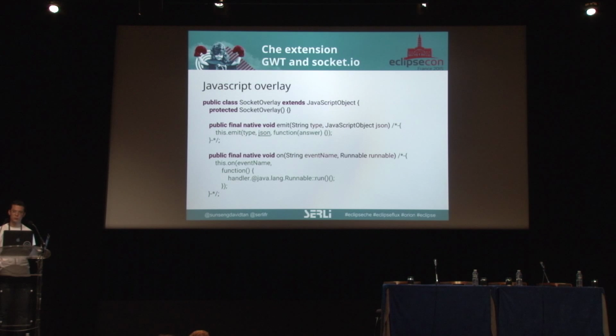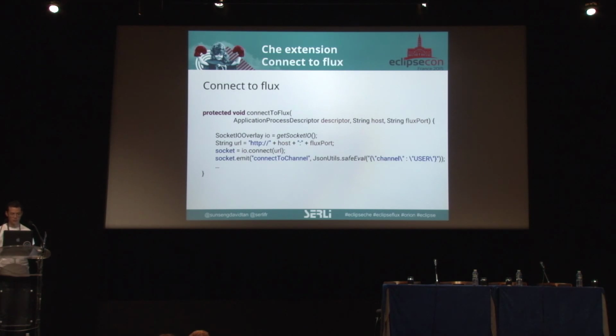Because once you can connect to Socket.io and use it, it's pretty easy to use Flux and communicate with the other participants. So for instance here, I'm just getting Socket.io, connecting to the Flux URL, and sending the message, for instance, that I want to join the channel.